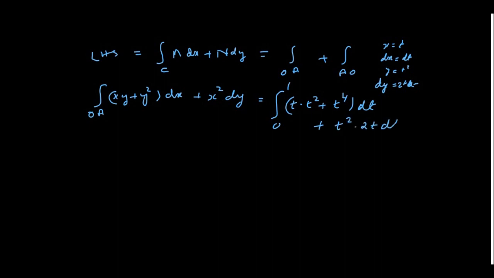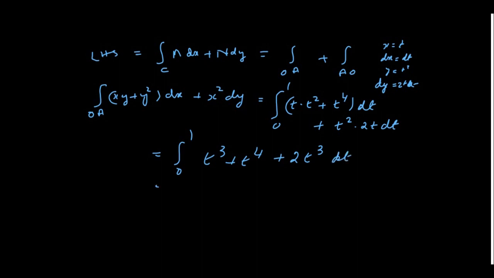Now let's integrate this. This is equal to the integral from 0 to 1 of t cube plus t raised to 4 plus 2t cube, that is 3t cubed, dt.